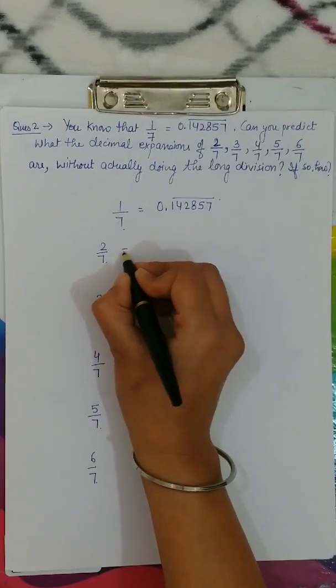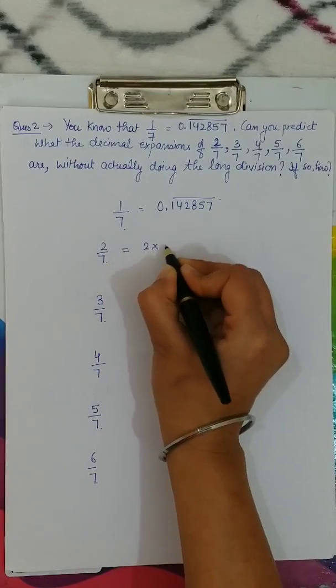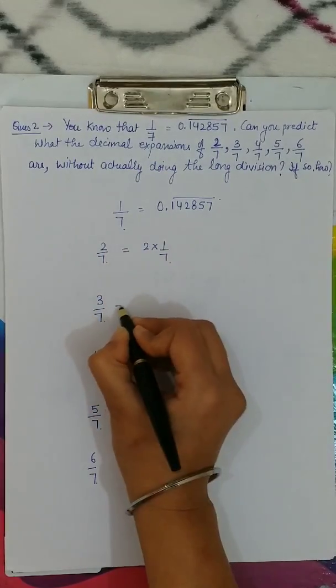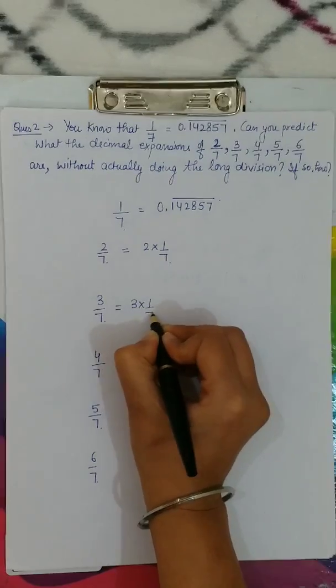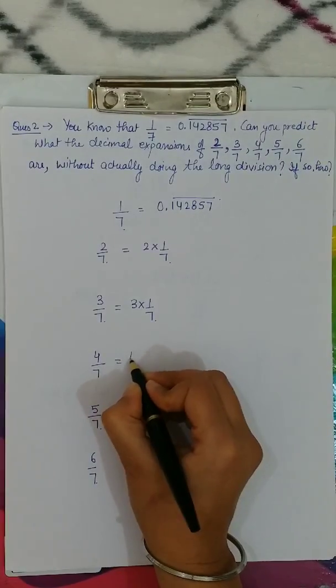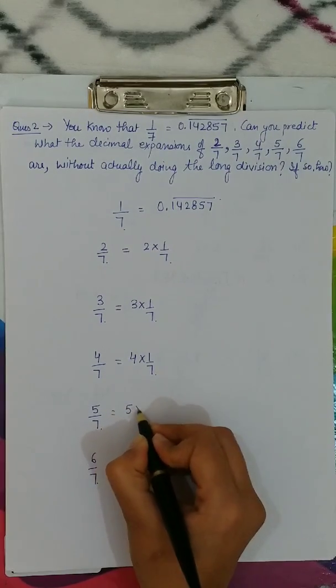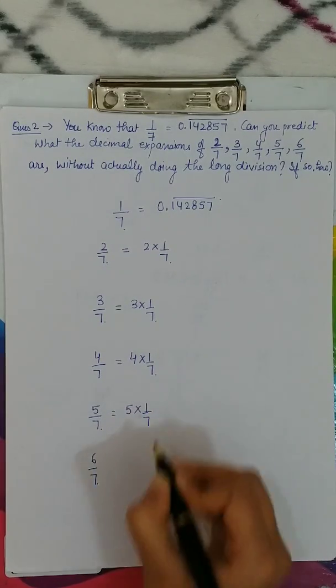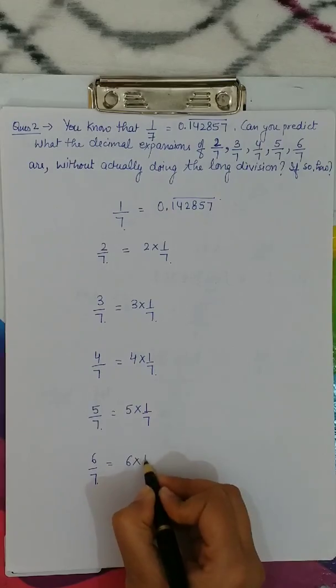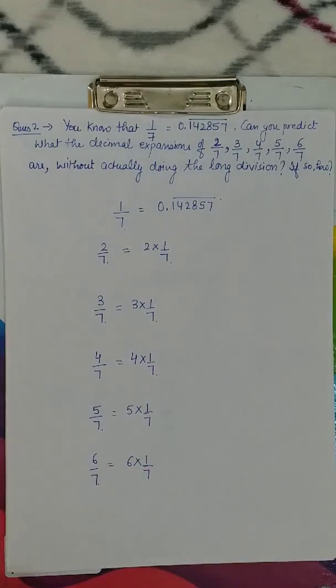How? See, 2 by 7 we can write as 2 into 1 by 7. 3 by 7 we can write as 3 into 1 by 7. 4 by 7 we can write as 4 into 1 by 7. 5 by 7 we can write as 5 into 1 by 7. 6 by 7 we can write as 6 into 1 by 7.